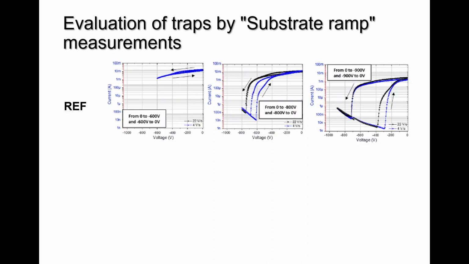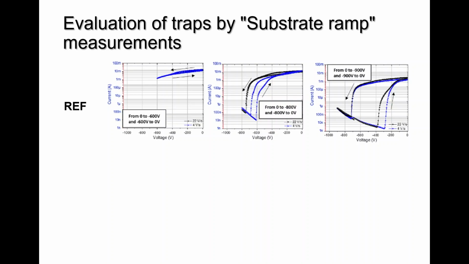So this reference was designed for 600 volts, and you can see you go back and forth from bottom to the top with a certain switching. We tried different sweep rates here, and you see that the hysteresis is very low.